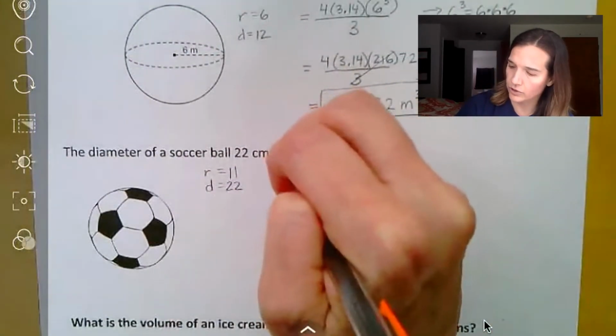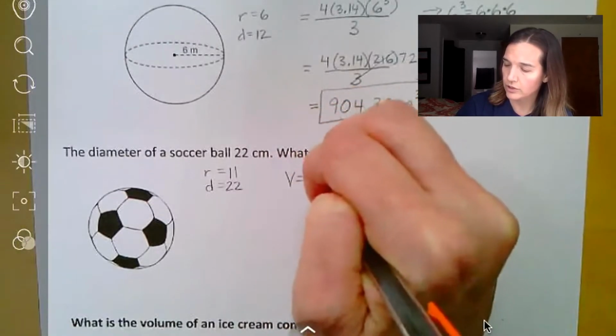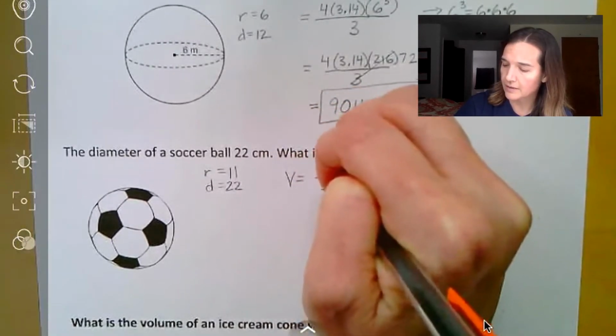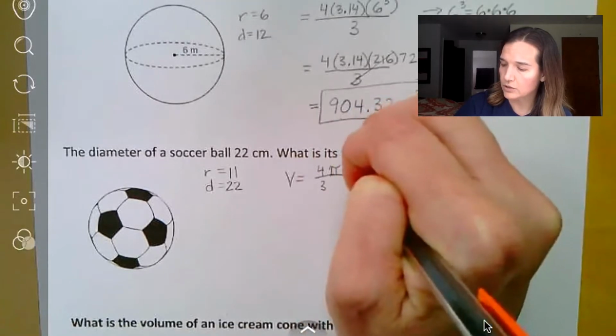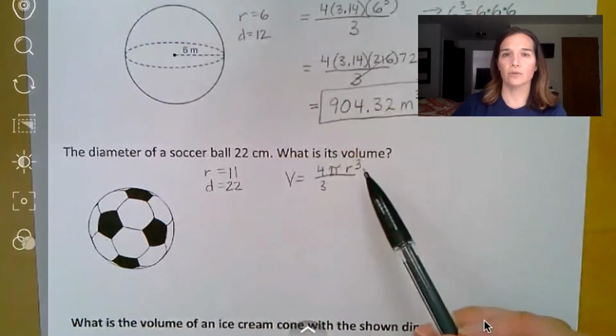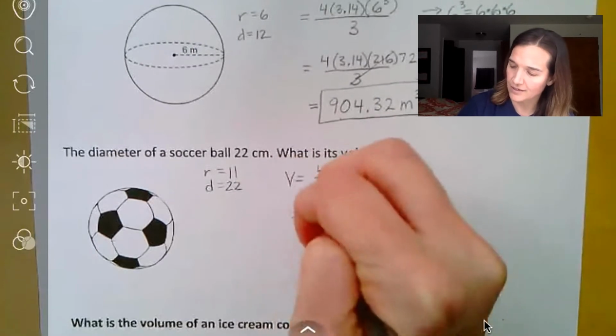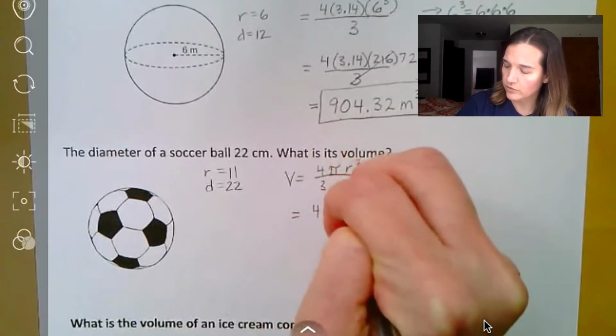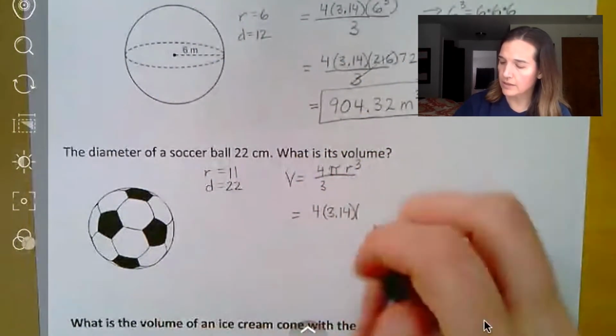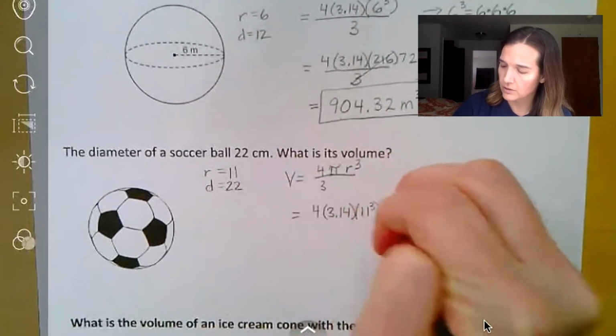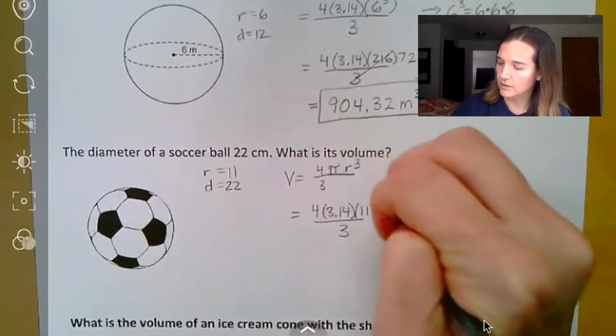So here we go. Volume equals 4/3 pi times radius cubed. Again, there's that cubed, not squared. Okay. 4 times 3.14 times 11 cubed divided by 3.